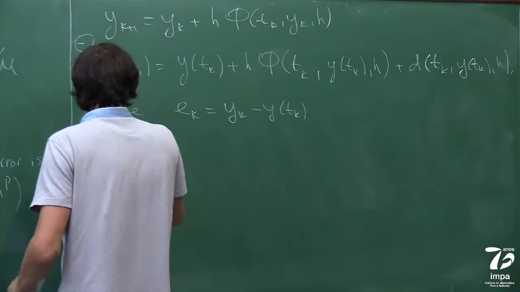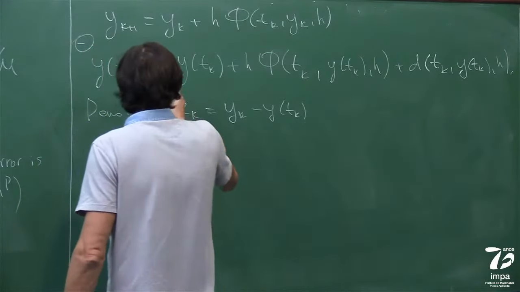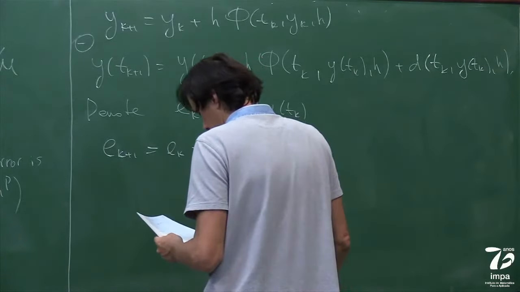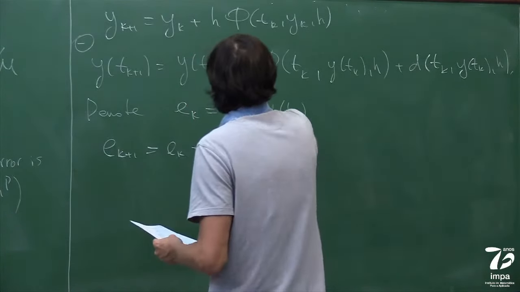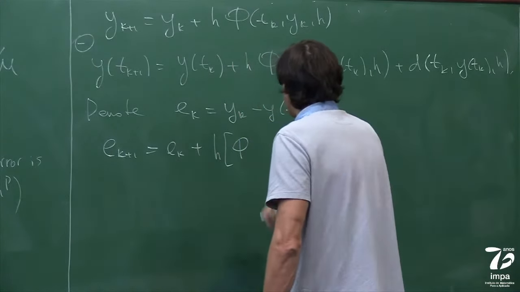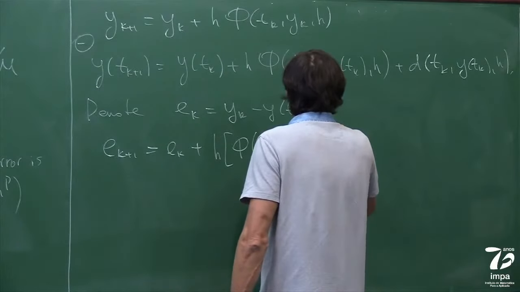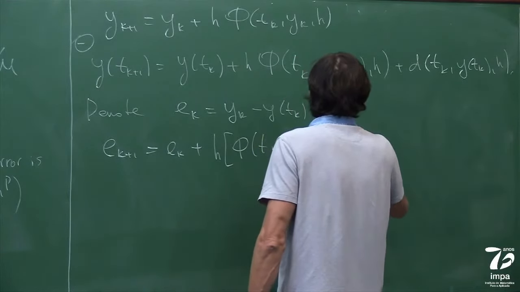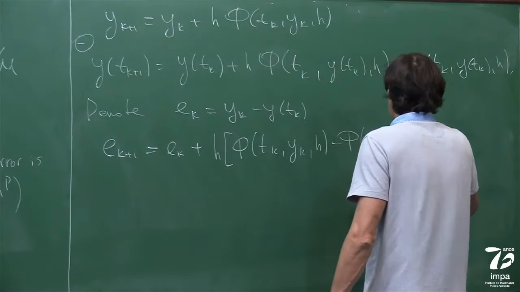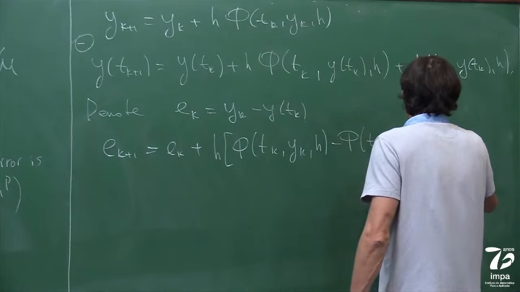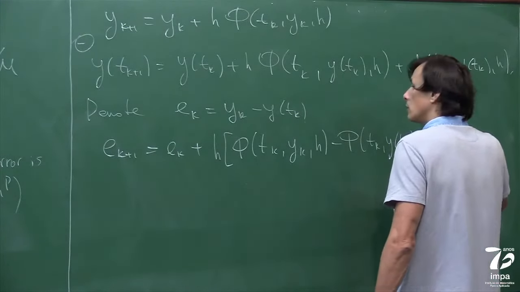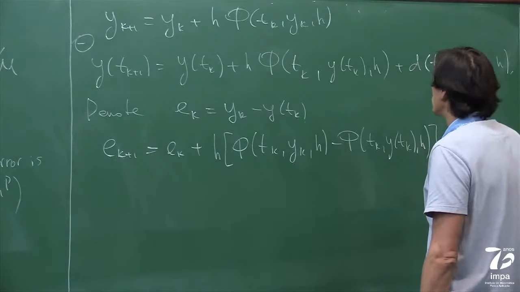So what we have is e_{k+1} on the left equal e_k plus h times the difference of these phi functions, and then this d term, with minus.